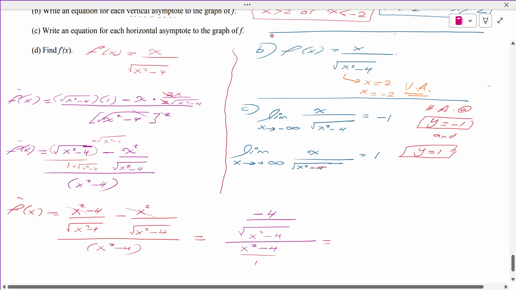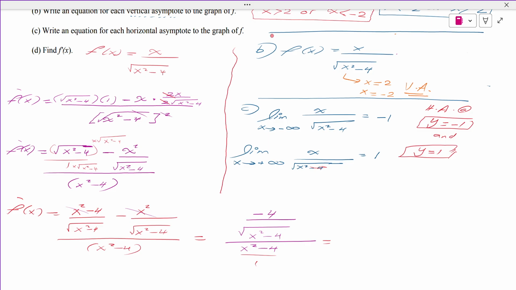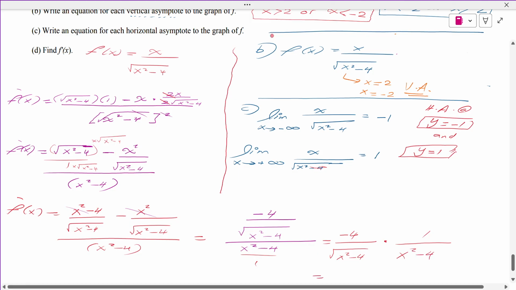So this is something called keep, change, flip. When you have a fraction divided by another fraction, you keep the first fraction, and then you change the division into a multiplication, and then you flip the other fraction, 1 over x squared minus 4, right?